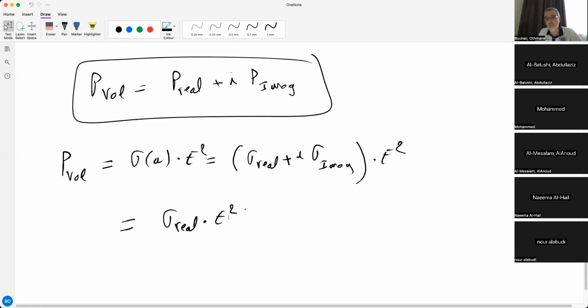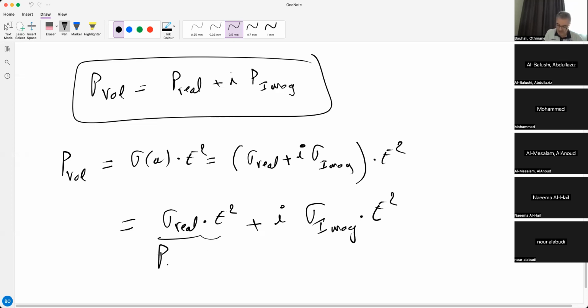Now, E squared is real, because this is the magnitude of E squared. So the magnitude of E will give you a scalar, a number, okay? It's not a vector. So this one is the real part, plus i or j, sigma imaginary times E squared. So this is the real part of the power, and this is the imaginary part of the power. Okay.